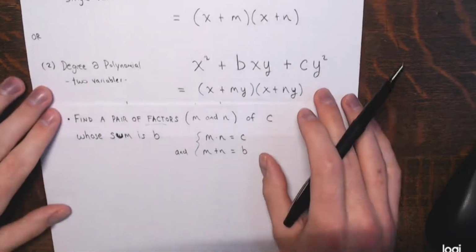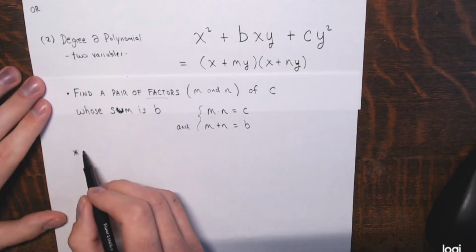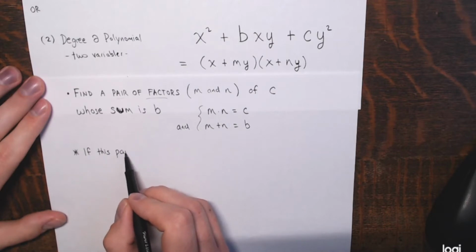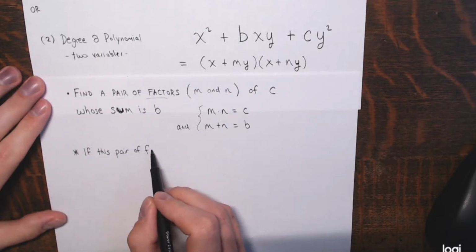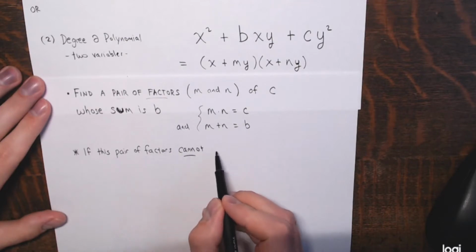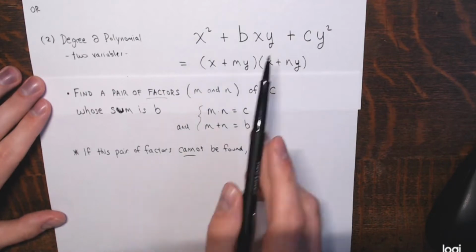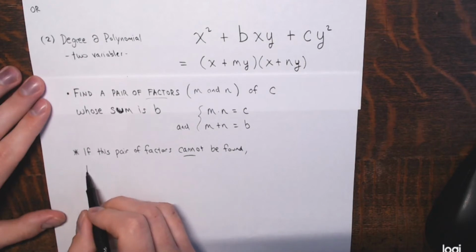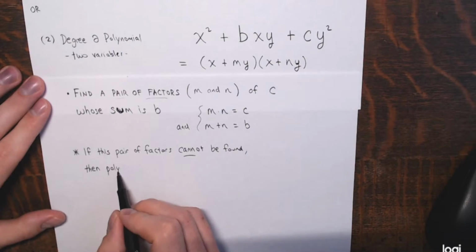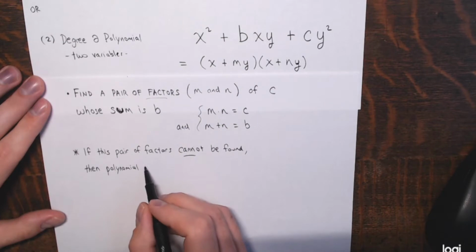All right, and then one note about this as well, if this pair of factors cannot be found, then we're going to simply say the polynomial, these special trinomials, is prime.